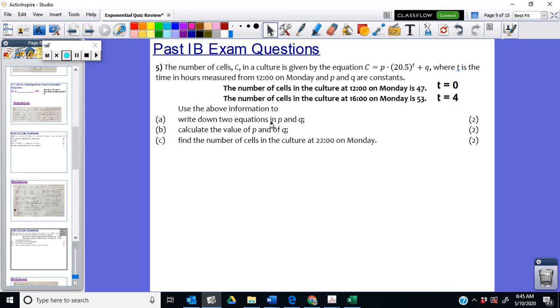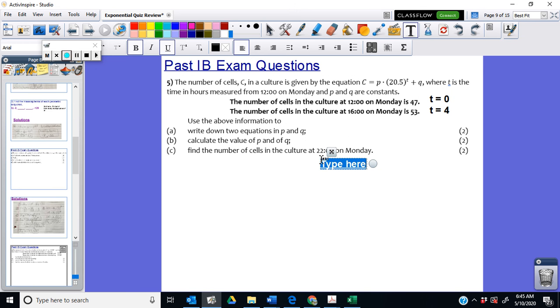We can now write down 2 equations in terms of P and Q. Notice we don't have the starting value and we don't have the asymptote. And then we'll use that equation to find out how many cells in the culture at 2200 on Monday. And that is the case where T equals 10 hours.